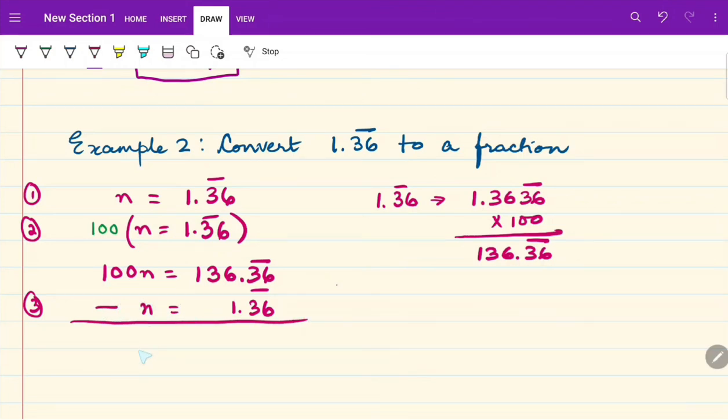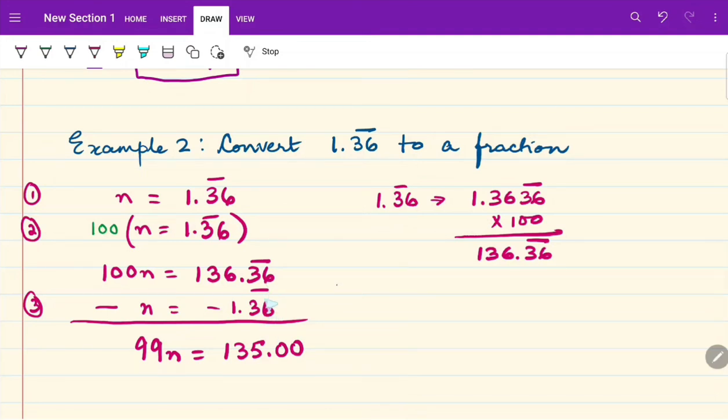So 100n minus n is 99n. And then 136.36 bar minus 1.36 bar should give us a value of 135.00, right? So at this point, we have gotten rid of the decimal part, which was our goal.